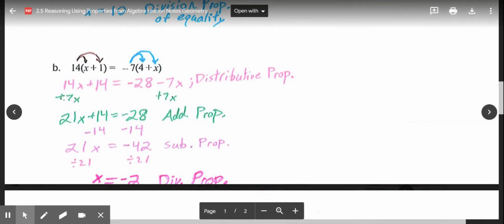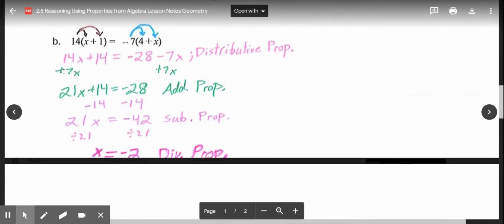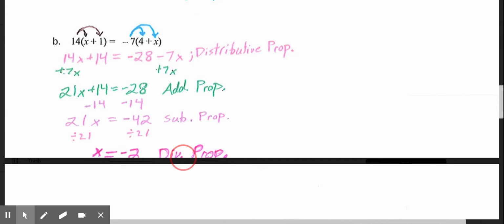Now to solve for x, subtract 14 from each side, so that was the subtraction property. That left us with 21x equals negative 42. Divide each side by 21, x equals a negative 2, and that was the division property of equality.